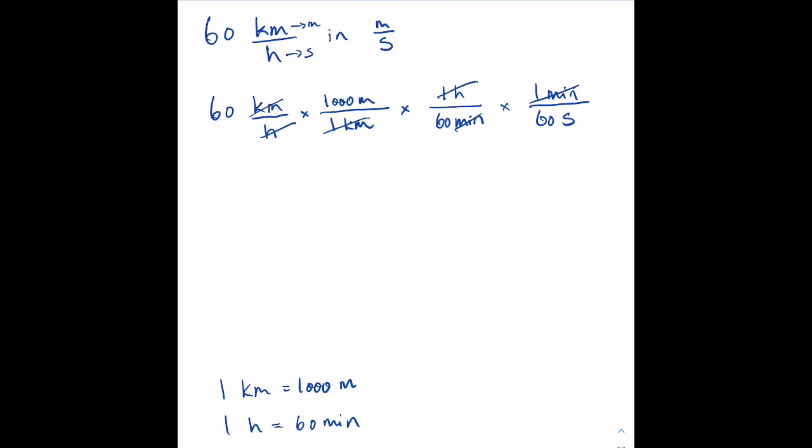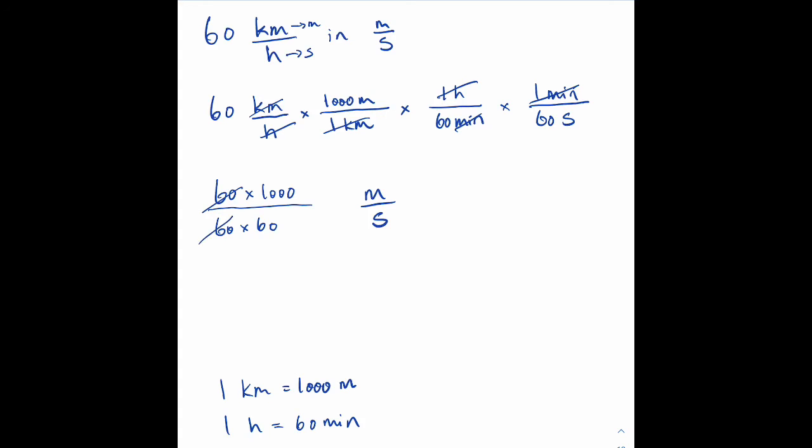and I'm left with 60 times 1,000 in the numerator, and in the denominator I have 60 times 60. And the only units left are meters per second because I've crossed everything out.